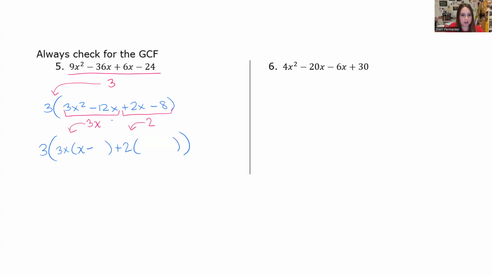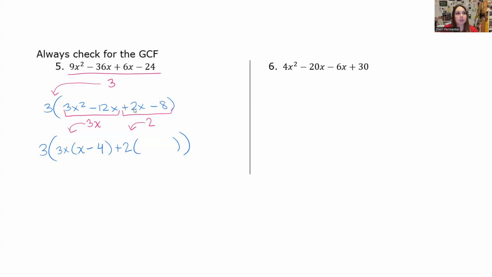So I have a good indication of what should be in this set of parentheses. Think about it. What should be there? Yes, x minus 4 should be there. If we do our math correctly, it should be an x minus 4.